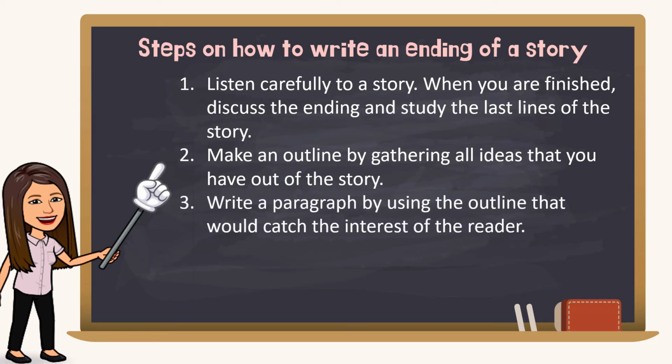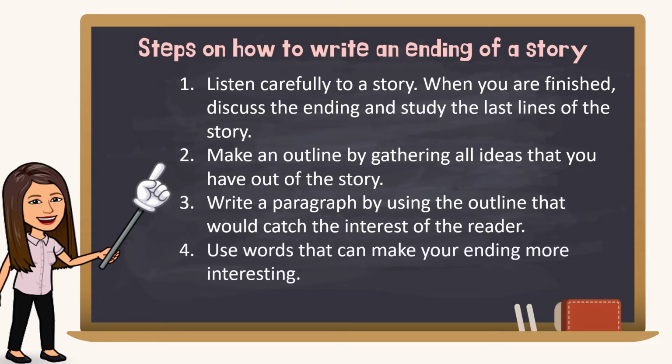Step number 3. Write a paragraph by using the outline that would catch the interest of the reader. Step number 4. Use words that can make your ending more interesting. And the last step is to end the story with a lesson or hope.